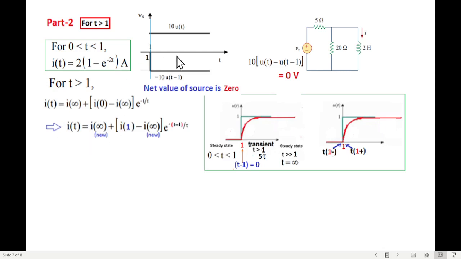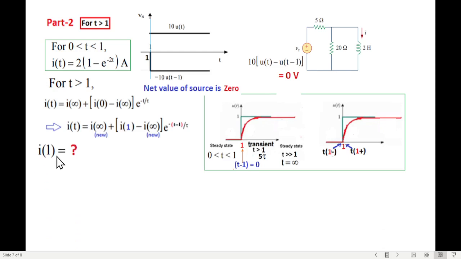Modifying this, I'm just writing I new. So we know the previous I infinity and this I infinity new. I0 will now become I1 because we are starting from point 1, and then tau will be this from here, t minus 1. Instead of e raised to the power minus t, it will be e raised to the power minus (t minus 1) divided by tau. So this equation will solve.